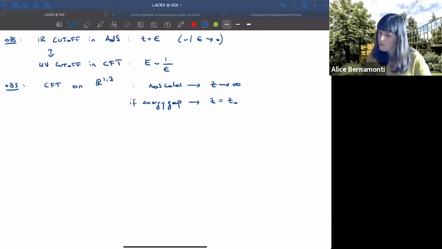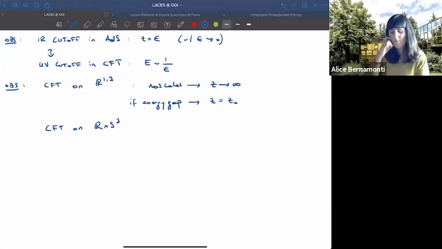And this is the case, for instance, of one of our two main examples. For a conformal field theory on R times S3, there is a mass gap because the S3 factor is compact. And so this, we know, corresponds to gravity in global AdS5.